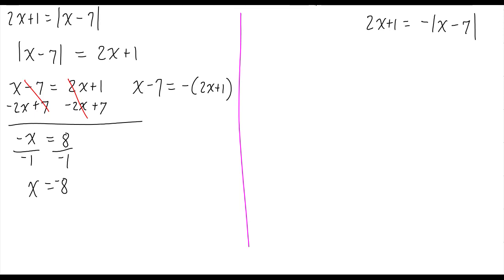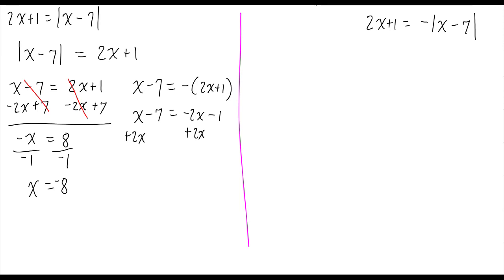Now let's go on and figure out x minus 7 equals negative 2x plus 1. Well, first of all, I'm going to distribute that negative, because that negative applies to the entire side. Okay, and then similarly, what I'm going to do is cancel out the negative 2x on the right side by adding 2x to both sides.